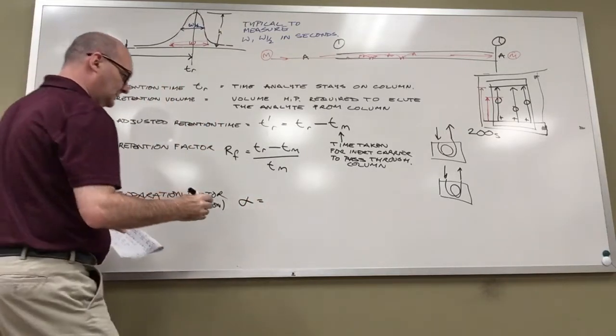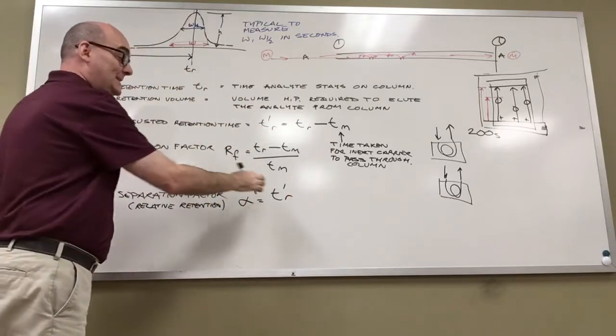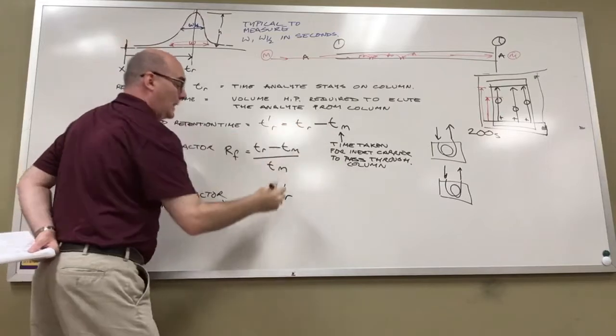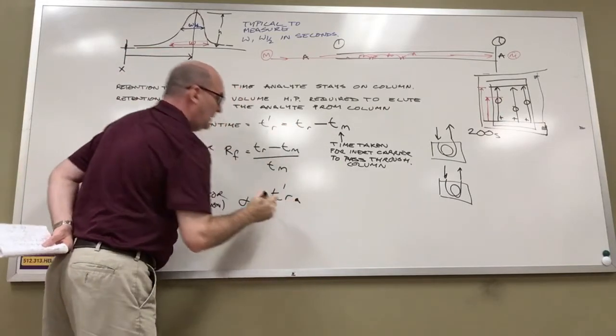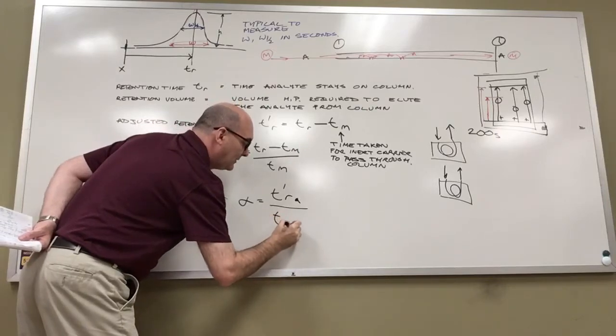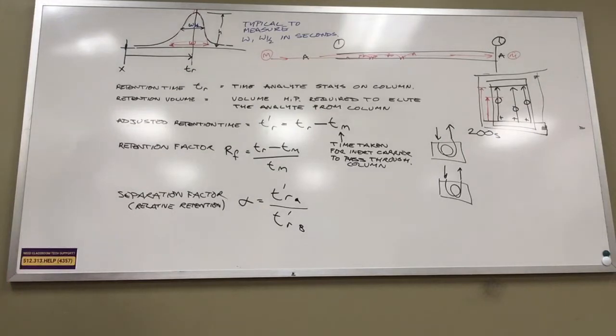And alpha is the adjusted, which is that number right there, the adjusted retention time for one component divided by the adjusted retention time for the other.